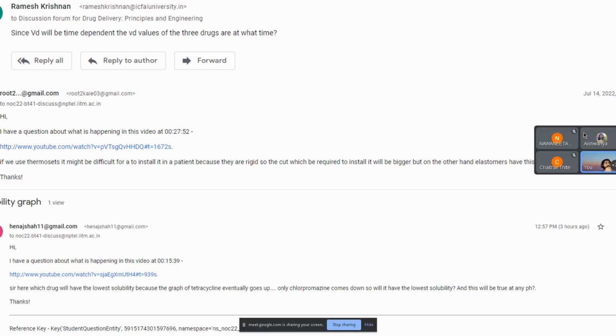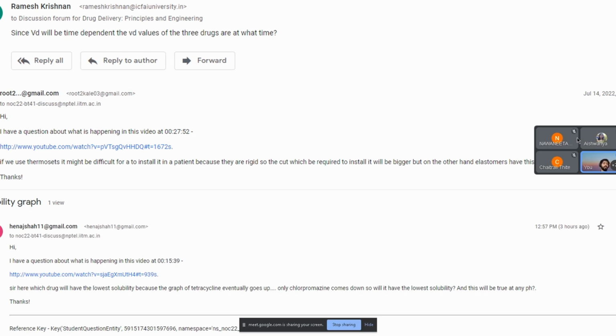For all these delayed release, sustained release and controlled release applications, they use elastomers quite a lot because of the flexibility they offer, and they do not impinge upon any structural elements in the body very much. If you want to implant something that's not in the bone, you're much more likely to use an elastomer because you don't need that rigidity there.